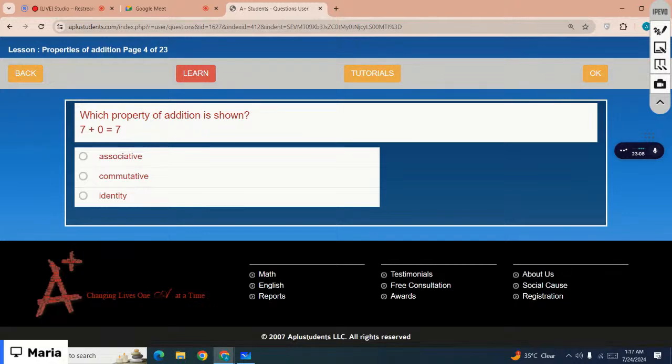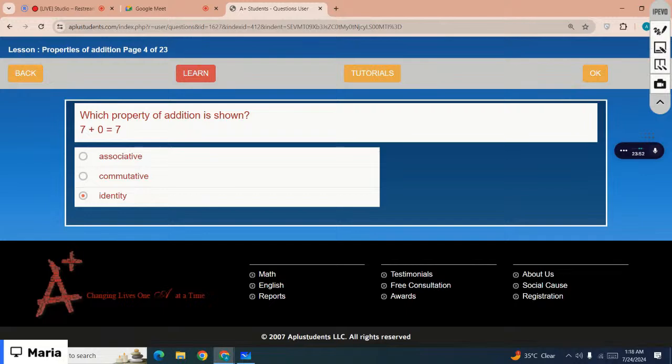Which property of addition is shown? 7 plus 0 equals 7, which is the correct option? Identity it is, right?